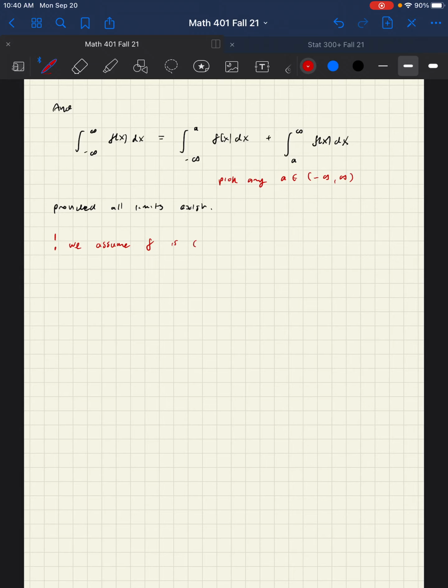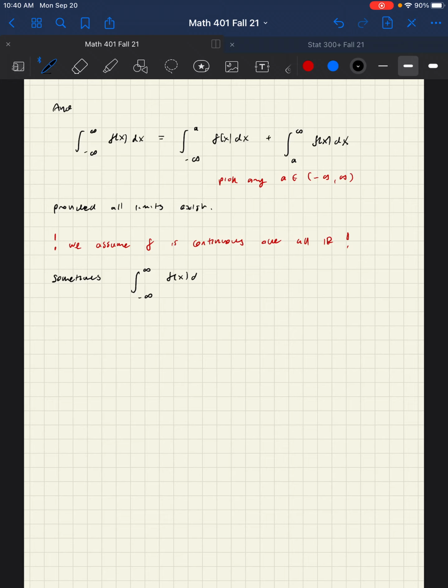Okay, importantly, we assume f is continuous over the entire real line, or whatever infinite interval we're talking about, for instance a to infinity.